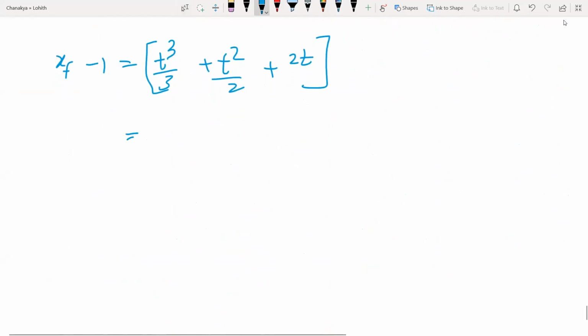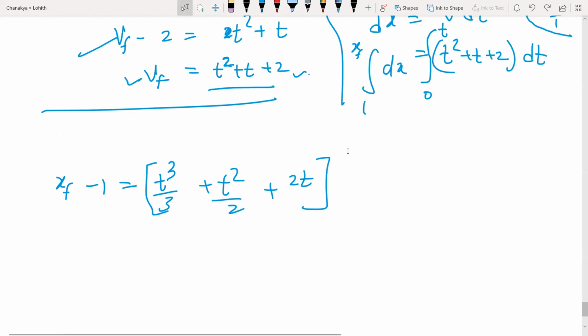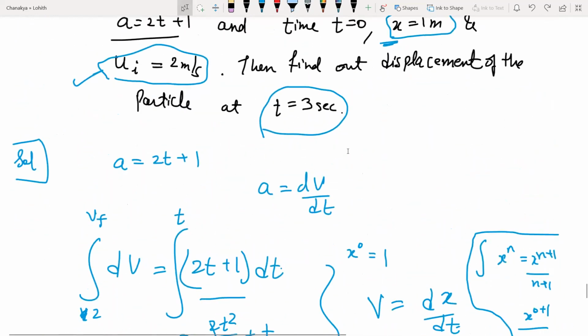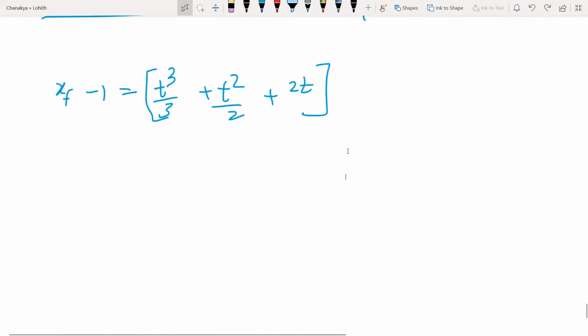Now, is that 20.5 the displacement? It is the displacement. They're asking to find the displacement of the particle. We got here x final, that is 20.5 meters.